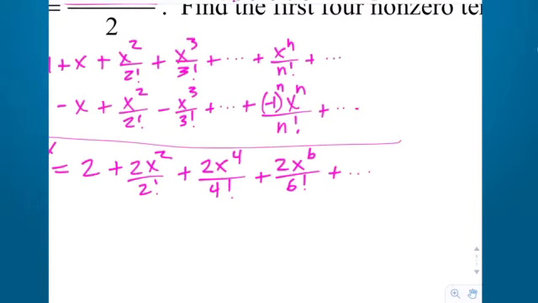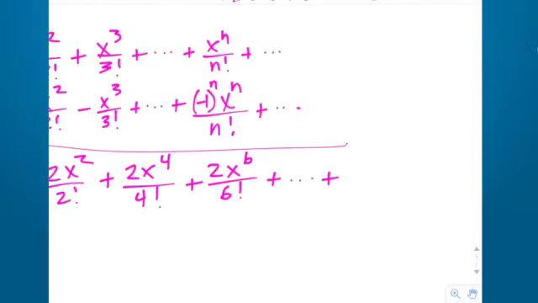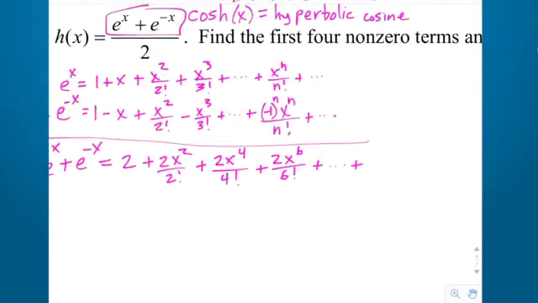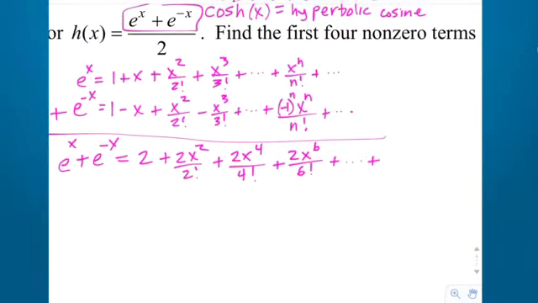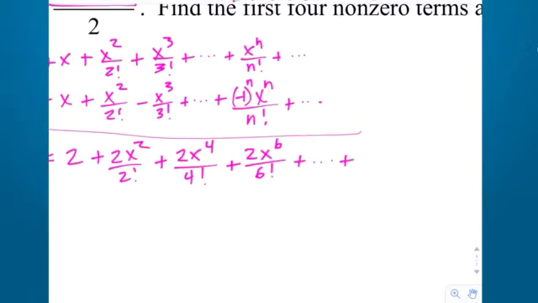I will need the nth term. So how can I add these together? Well, here's where you want to do a little bit of looking or thinking. Notice that the only terms that are left are the positive terms. So the alternator is going to go away, right? So it looks like the powers and the exponents are the same.